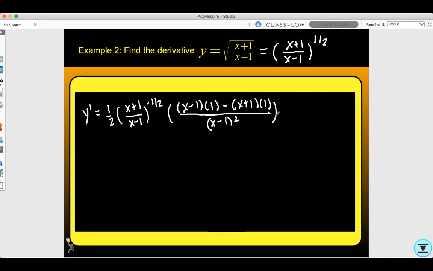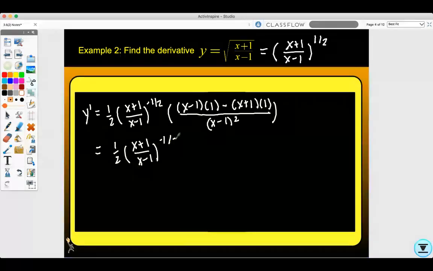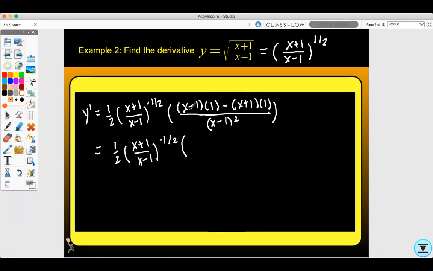Then we can go ahead and simplify this. And I can get 1/2 times x plus 1 over x minus 1 to the negative 1/2 power. And this would become x minus x, so I'd get 0, and then negative 1 minus 1, so I'd have negative 2 over x minus 1 all squared.